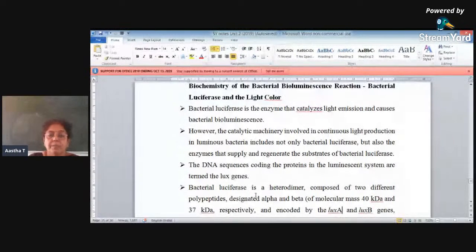What is the chemistry behind the bioluminescence? That is bacterial luciferase. It is the enzyme which carries out this particular reaction and shows the emission of light.